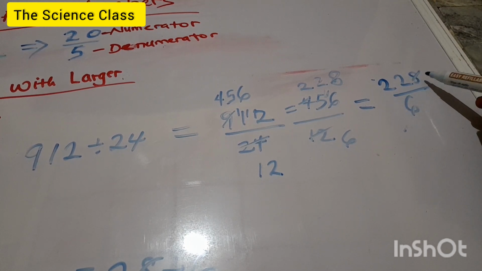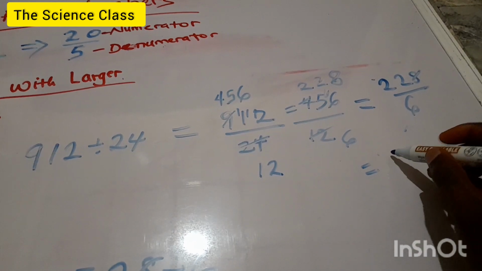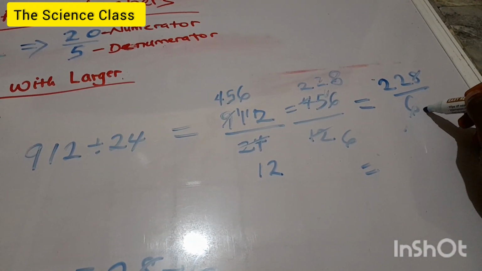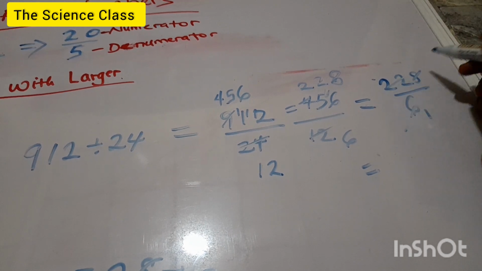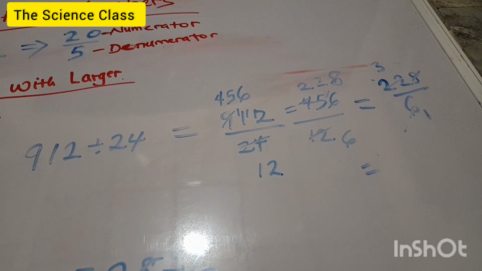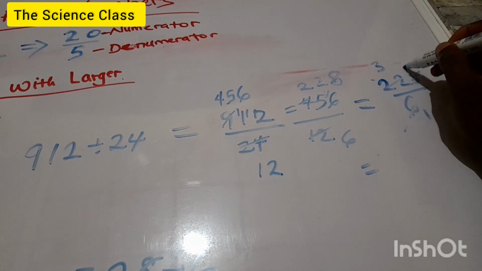228 divided by 6. So you have 6 here. 6 in 22 is going to go 3 times, because 6 times 3 is 18. Then 22 minus 18 gives you 4.